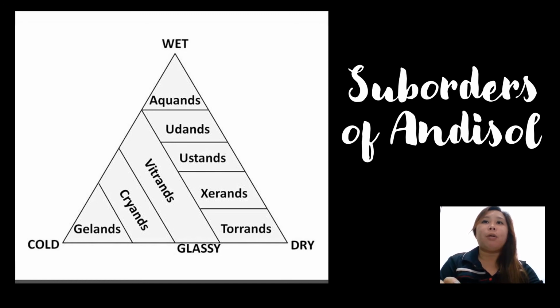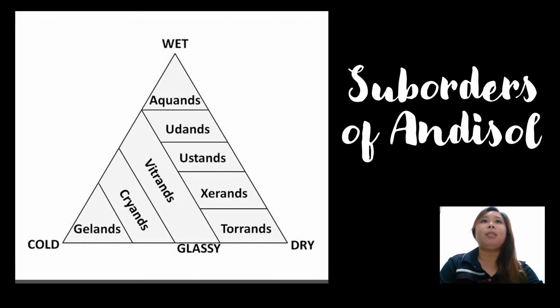Under the suborders of andisols is the torrands. Torrands have an aridic soil moisture regime. Ustands. These soils occur in tropical regions that have an ustic moisture regime characterized by extended dry periods. Udands have a humid climate and a relatively high content of water held too tightly for plants to use.